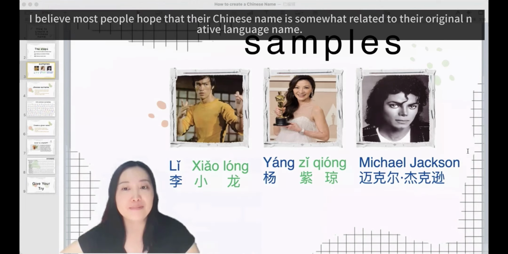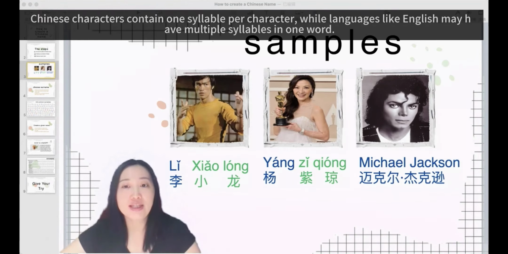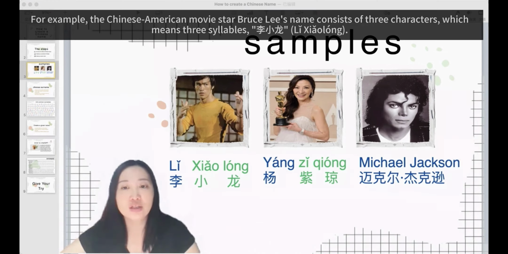I believe most people heard that their Chinese name is somewhat related to their original native language name. A Chinese character contains 1 syllable per character, while languages like English may have multiple syllables in one word. For example, the Chinese American movie star Bruce Lee's name consists of 3 characters, which means 3 syllables.